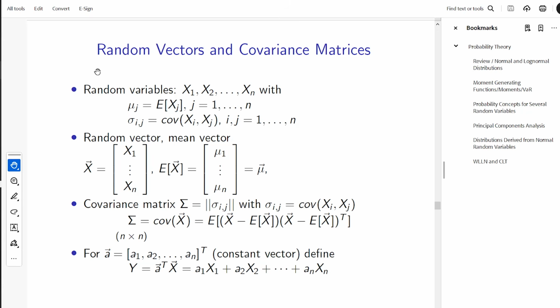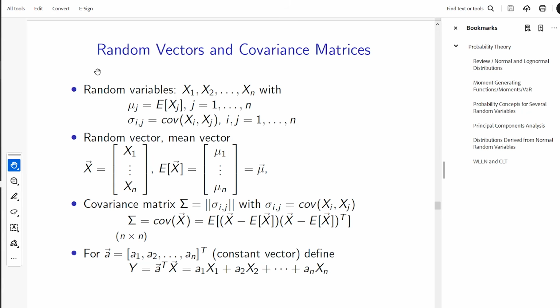And we can then represent the expected vector of x values as a mu vector, and we can represent the covariances between elements in terms of an n by n matrix, sigma.